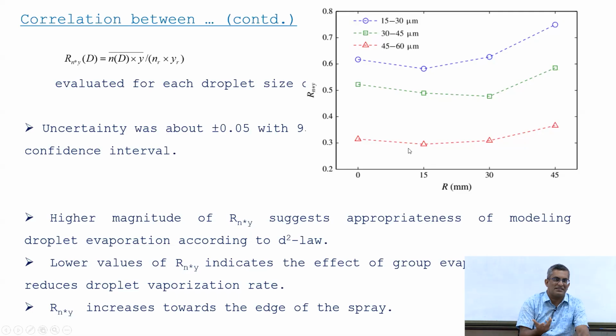Why do we see this? This is because of the relative velocity between the vapor and the droplet. Now, you can ask, should the vapor also move with the same velocity as the other phase? What is the other phase here? Not other phase, other component, air.